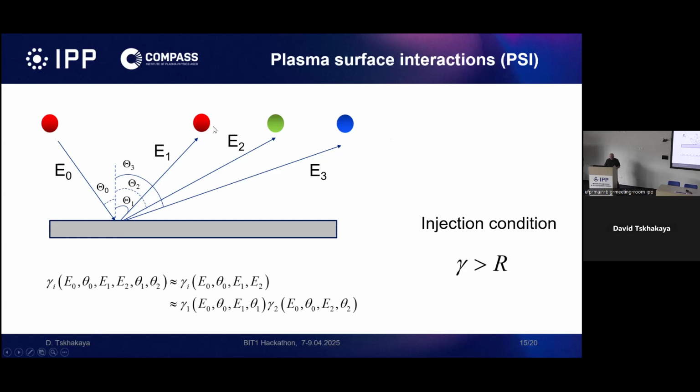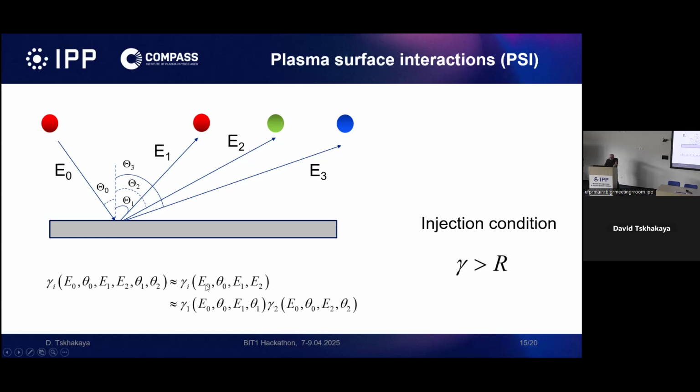For instance, with recycling on plasma, if a deuterium atom hits the wall, then there is a correlation whether you get out a deuterium molecule or a deuterium atom, and so you can have this correlated probability of, let's say, sputtering or the recycling rate.